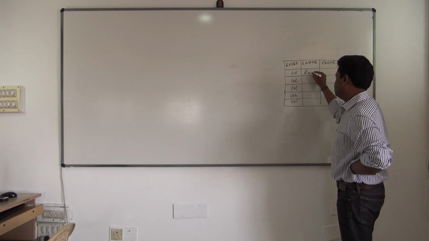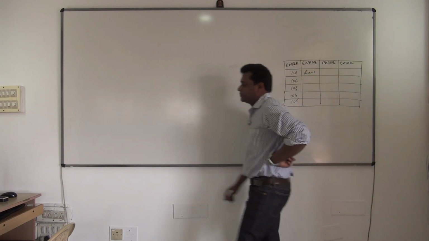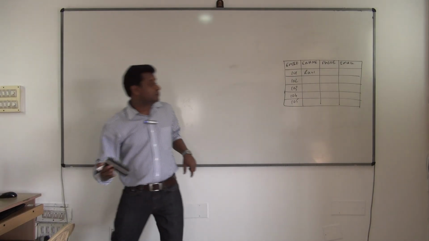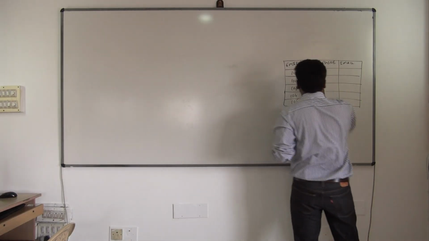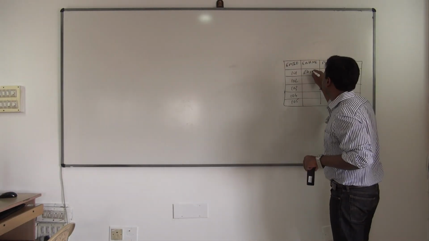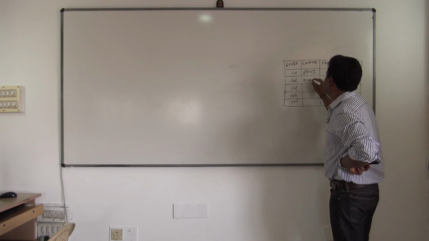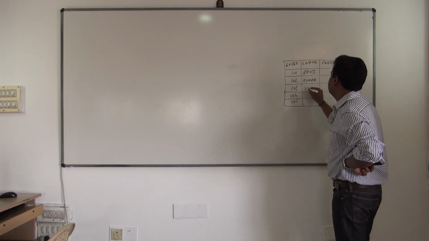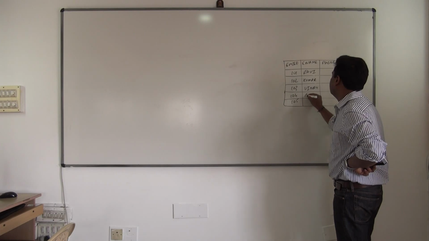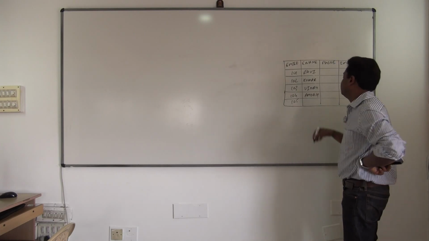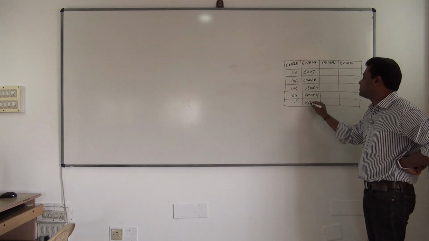So I'll go with names. Ravi. Kumar. Vinay. Amog. Fine. Now there can be two employees with the same name, no?